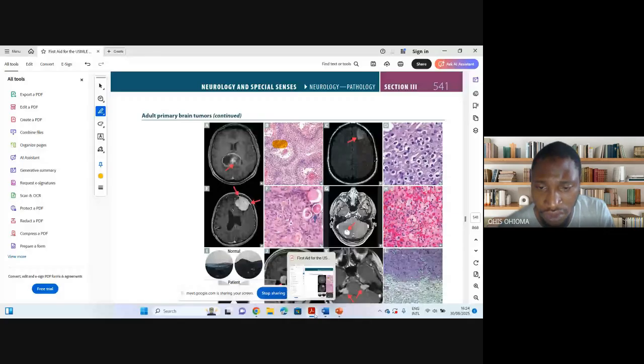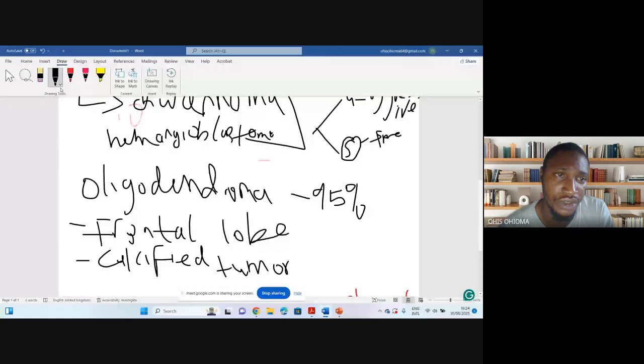And then when you look at the histology, I think when I was talking about the cells of the CNS, I mentioned that the oligodendrocytes look like, how many of you guys fry eggs, right? So basically you have the yolk and the egg white. This is the yellow part, and then this is the surrounding white part.